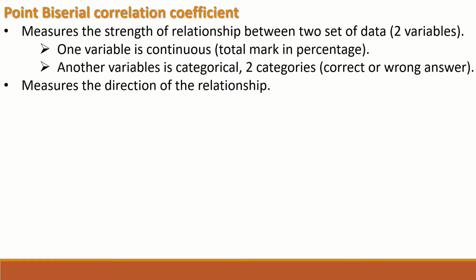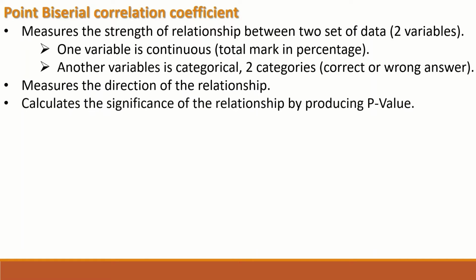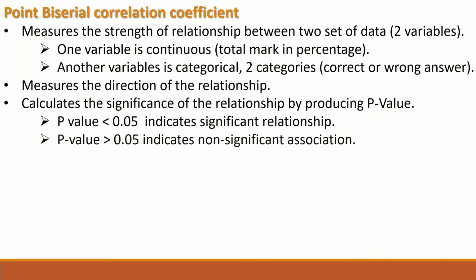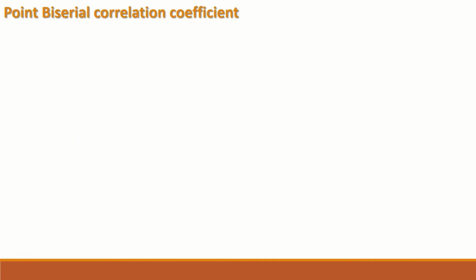The statistical test, the Point Biserial correlation coefficient, does measure the direction of the relationship, and it does calculate the significance of the relationship by producing a p-value. A p-value less than 0.05 indicates a significant relationship. A p-value greater than 0.05 indicates a non-significant association.